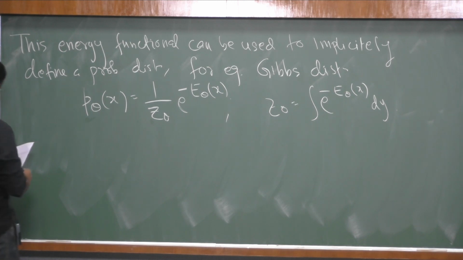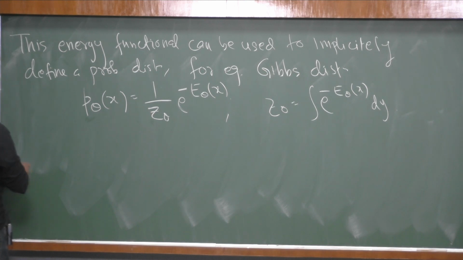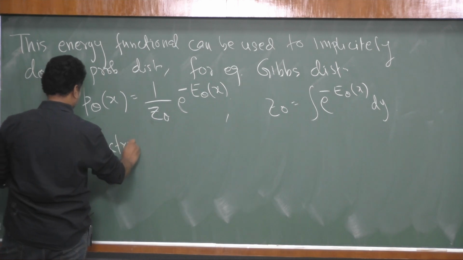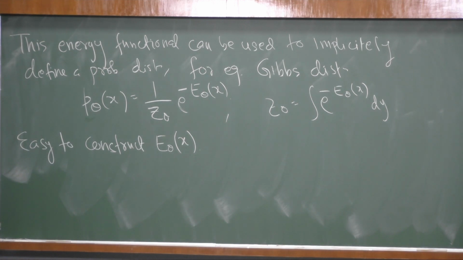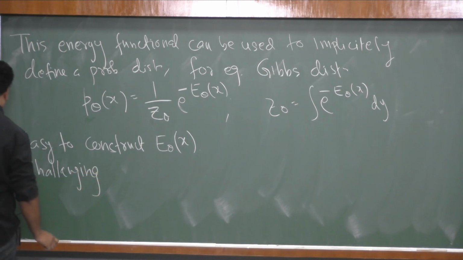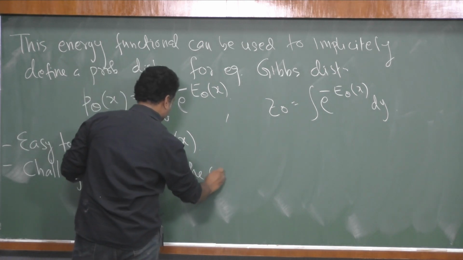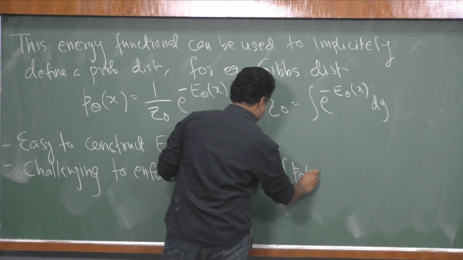The problem here is that it's easy to construct E theta of x, in general, but it may be difficult to estimate Z theta. It is challenging to enforce the constraint that the integral of p theta of x equals 1.